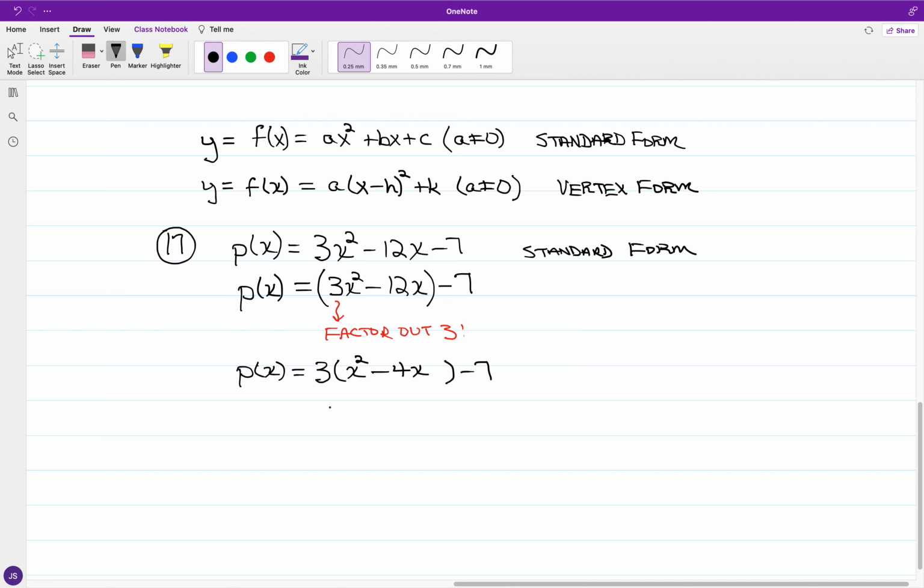Once the first term in the parentheses is x squared, we're at the stage where we can apply completing the square.